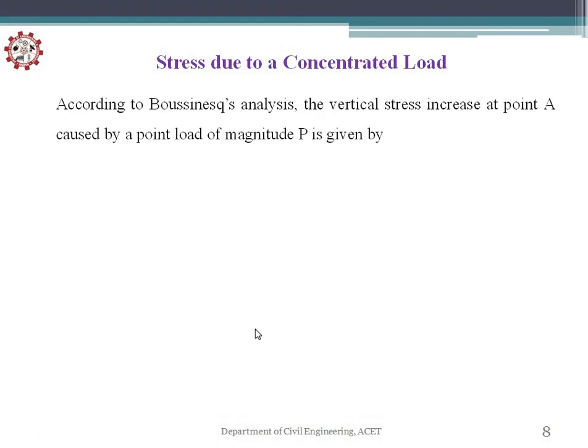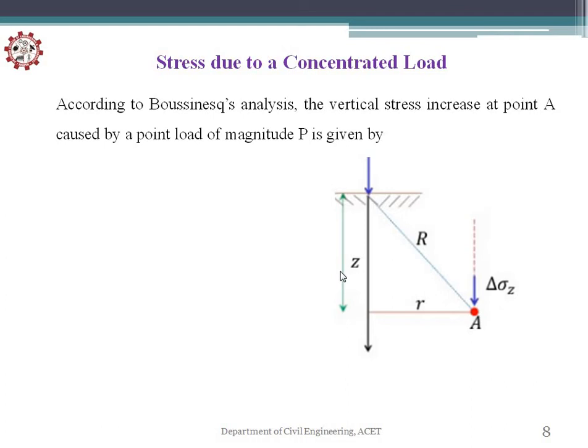So stresses due to the concentrated load according to Boussinesq: if we consider a 2-dimensional figure, this is your point load P with respect to the radial horizontal distance r and the depth z, and this is your point A with respect to the vertical stress.